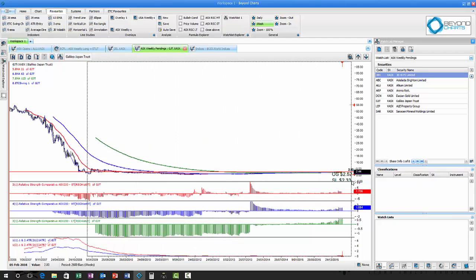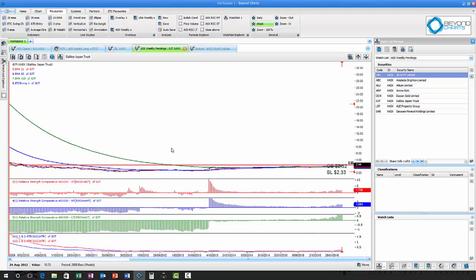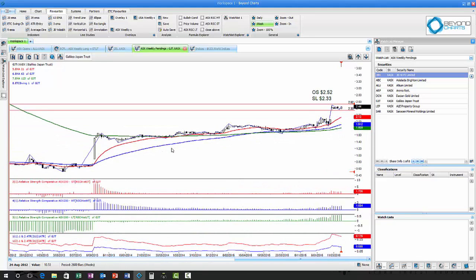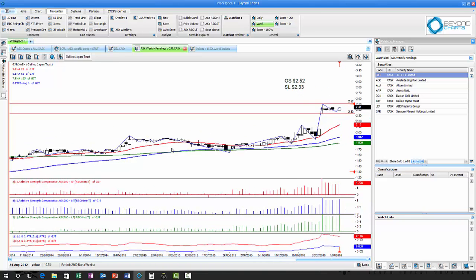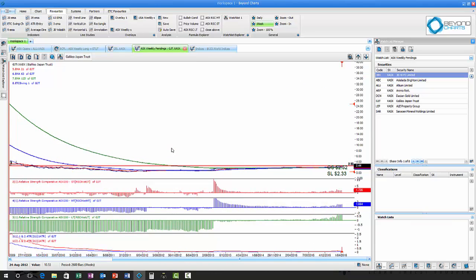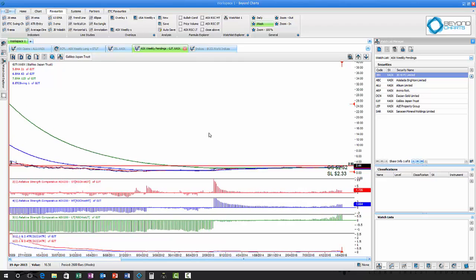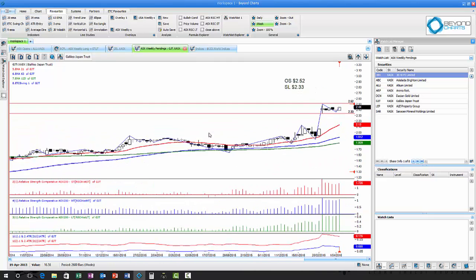That's getting on to nearly 7 years ago now. So at this particular point in time, we've got a pretty clearly defined setup there. Even if we zoom right out, you'll see that the next overhead level, we've come up to a previous peak over here, which we're now testing, but even above that, we're really getting up close to the $4 range, which is a long way away from this particular setup.